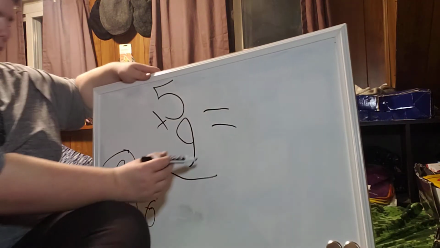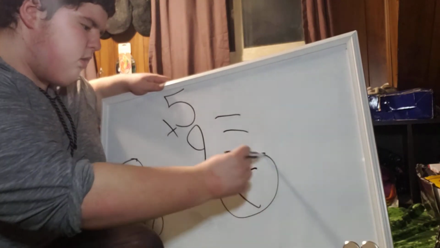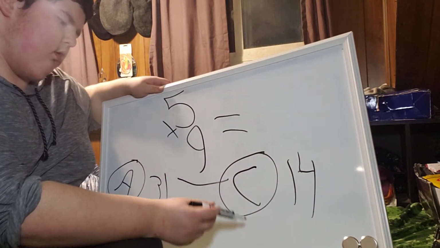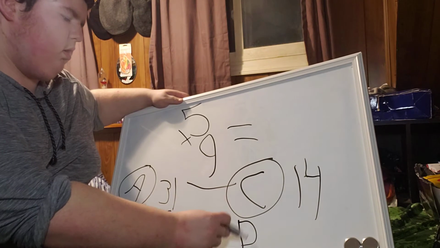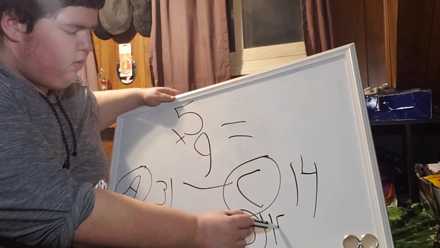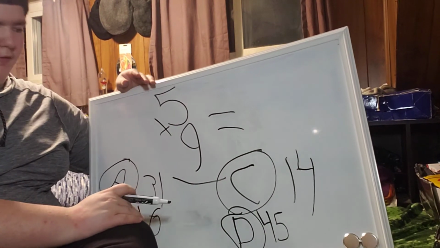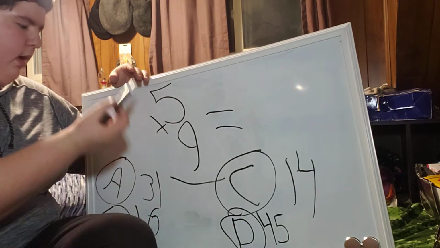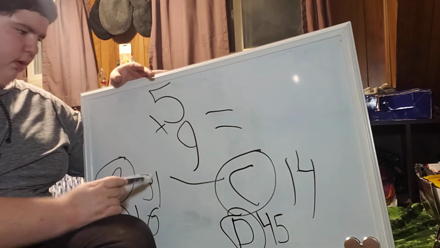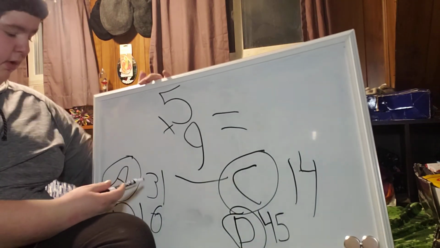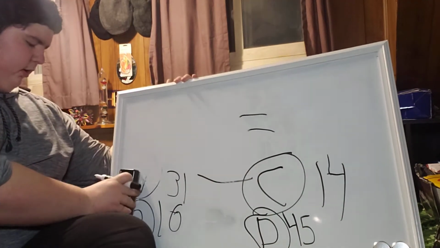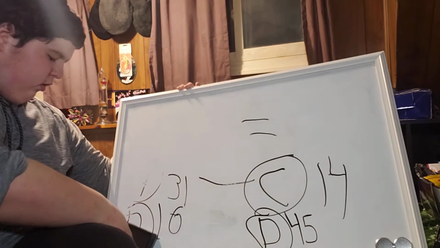C. 14. Or D. 45. And the real answer would be D, obviously. But C might trick someone because they're like, oh, 5 plus 4 maybe. 14. Or 31, I don't really know, that was just a random one. 16, a random one. But there's other apps that are like that. So you can use those apps to your advantage. Use your phone to your advantage.